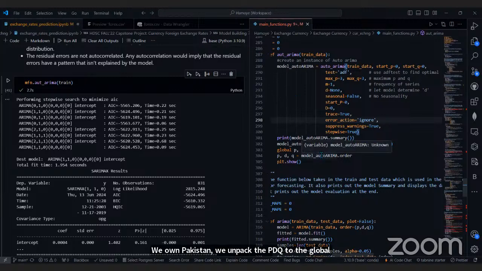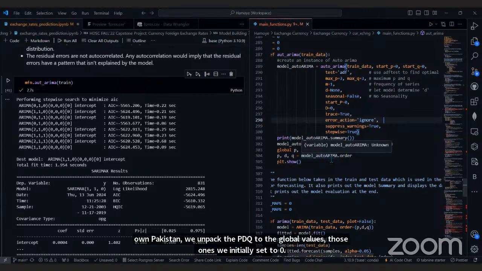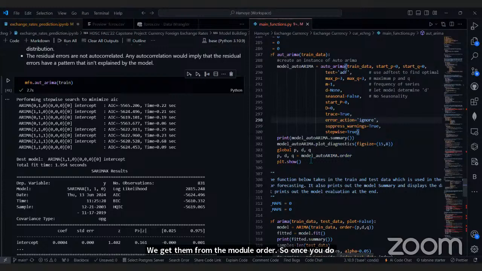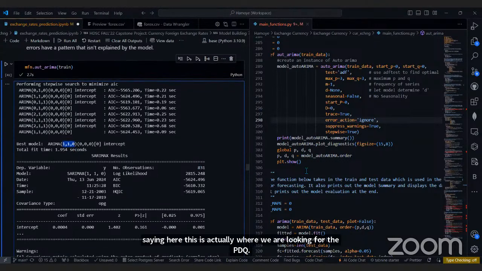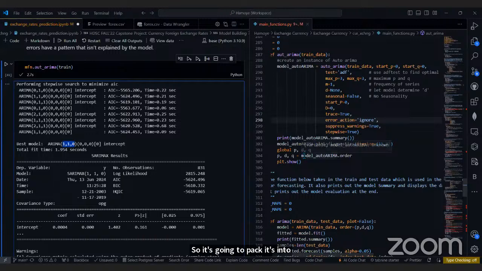We get them from the model order. So once you do model_arima.order, it's going to unpack the value you're seeing here. This is actually what we are looking for, the PDQ. It's going to unpack it into these variables out here. So this is just going to show us our results.